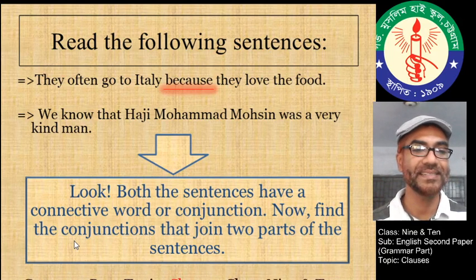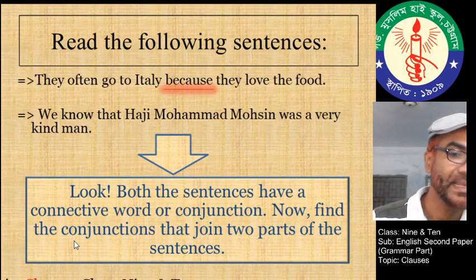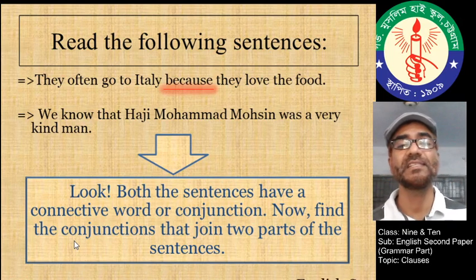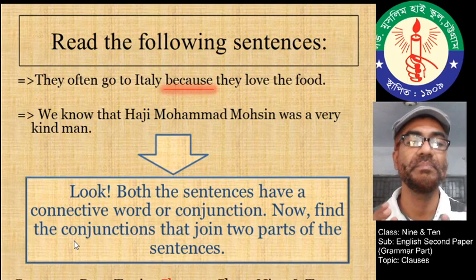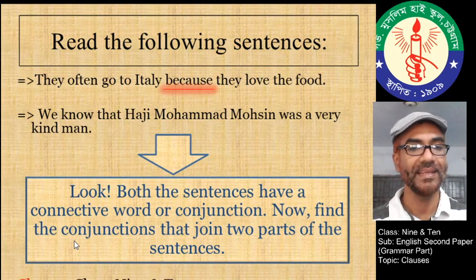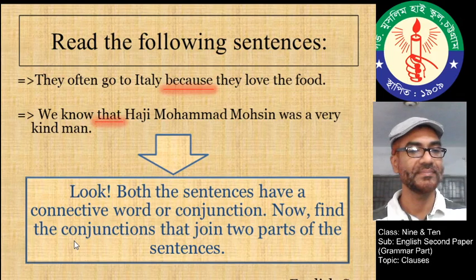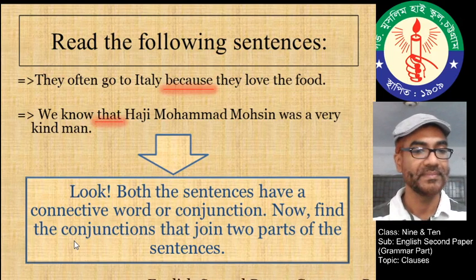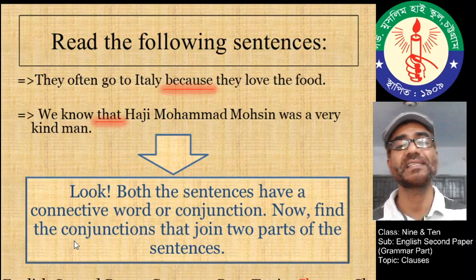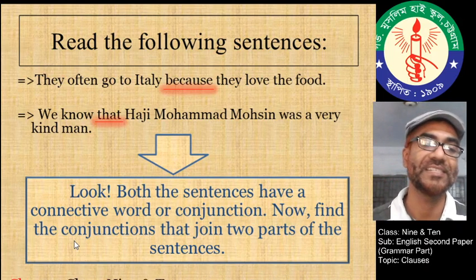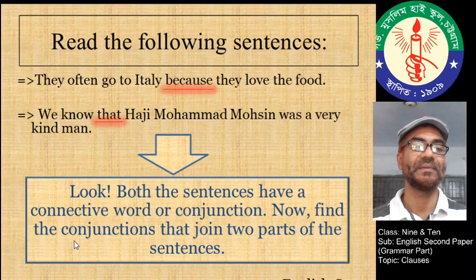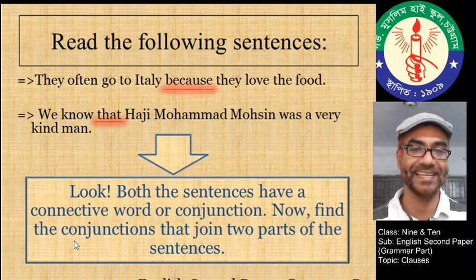"They often go to Italy" and "they love the food" are two clauses joined by the connective word because. In the next one, "we know" is a clause and "Haji Muhammad Mohsin was a very kind man" is another clause, and these two clauses have been joined by the conjunction that.